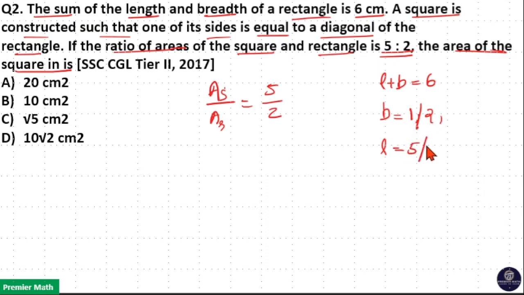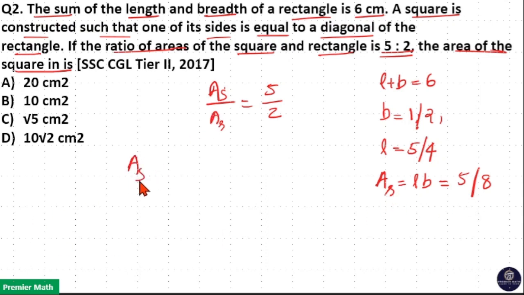If breadth is 2 cm, then length is 4 cm because 1 plus 5 is 6 and 2 plus 4 is 6. Now, area of rectangle is equal to length into breadth, which is equal to 1 into 5, 5, or 2 into 4, 8. So, 5 or 8 can be the area of the rectangle.